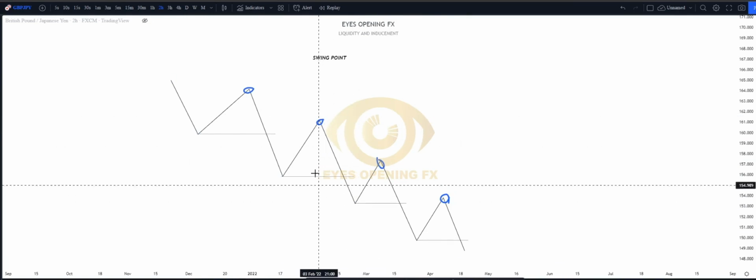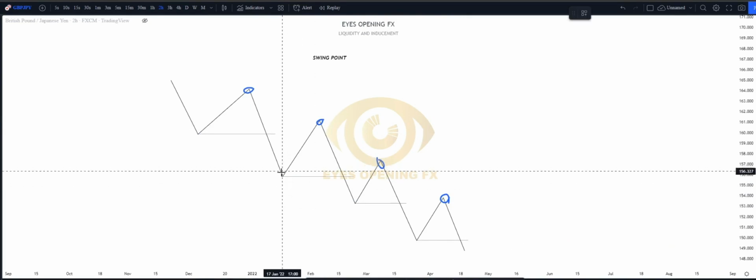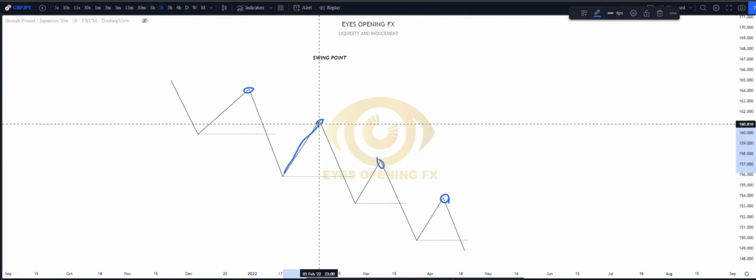There will be the swing point that is the highest high in this little buy move here, in this up movement here.